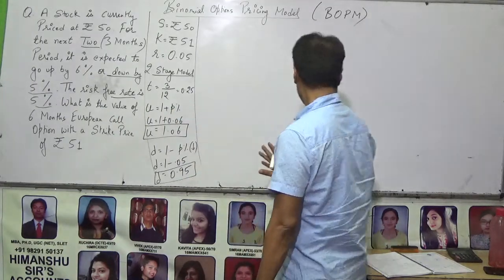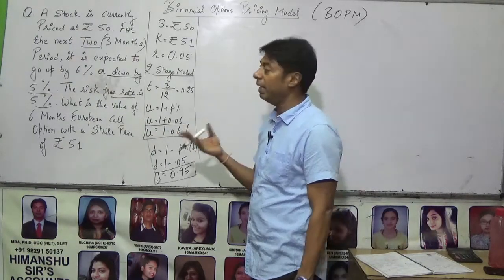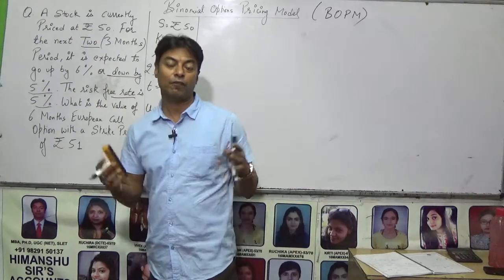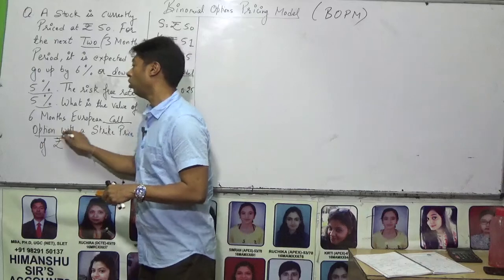So these are the factors that we have just estimated. Now we have to make use of the main formula, which is the essence of the binomial options pricing model. We are going to find out the value of the call option.